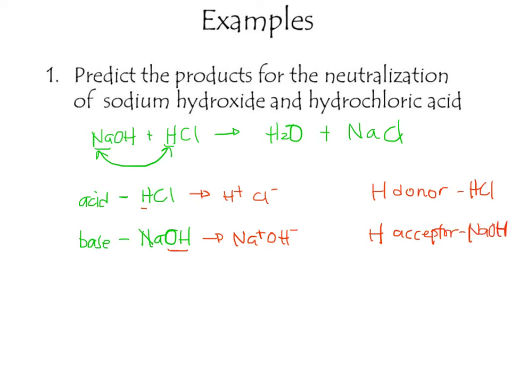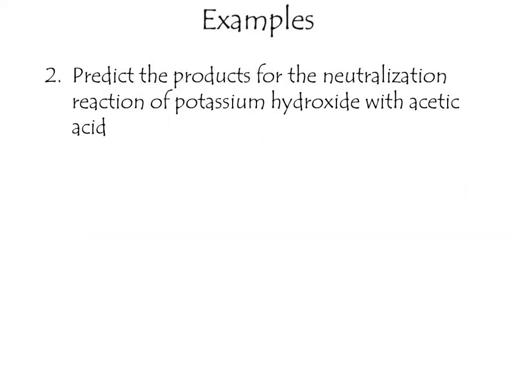By the Bronsted-Lowry definition, HCl is our acid, and NaOH is our base. So I want you to try example 2 and example 3 on your own. When you're ready, press play again to check if your answers are correct. So go ahead and press pause. And now here are the answers.